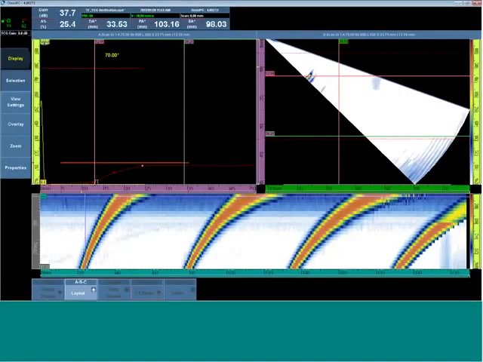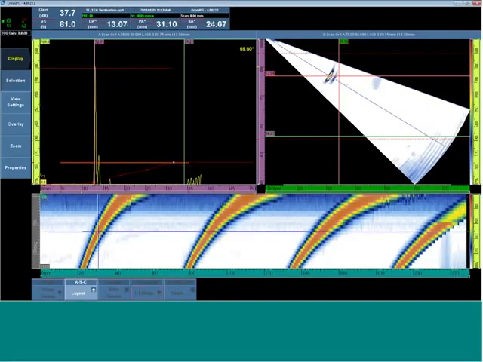And as we see, calibrated correctly, any side drilled hole is at 80% amplitude and at the correct position.